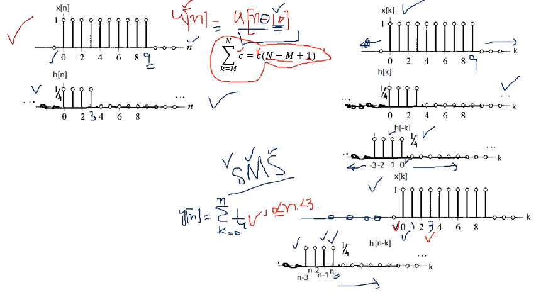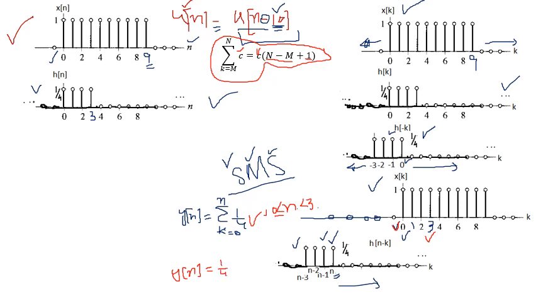So in this case we can say that y of n equals, by putting values, k running from 0 up to n, so this will be 1 by 4.